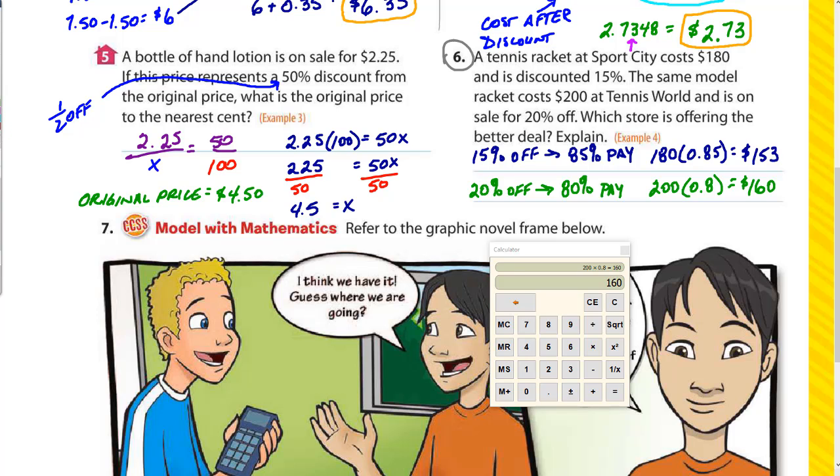That Sports City tennis racket is the better buy. I'm better off having a $180 original price and saving 15% than I am having a $200 original price and saving 20%. Okay, there you go. We're going to talk about discounts some more, so be ready for that. Thanks.